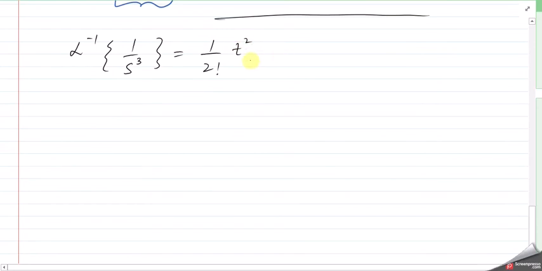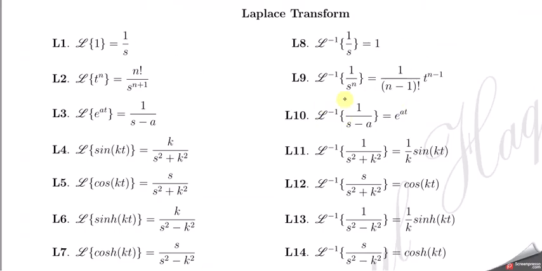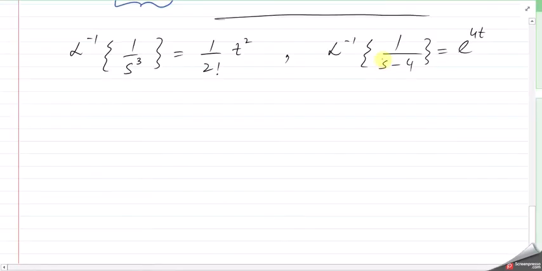So that's a very simple question. We have done Laplace inverse of 1 over s minus 4, which is again very simple, e power 4t, no powers on s minus a, so we can directly write e power 4t.